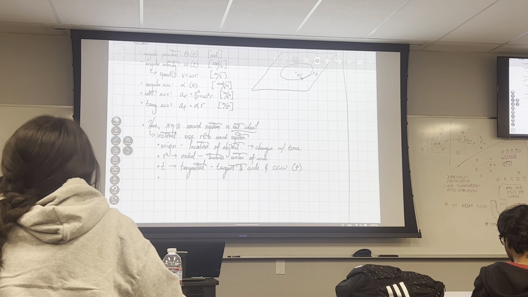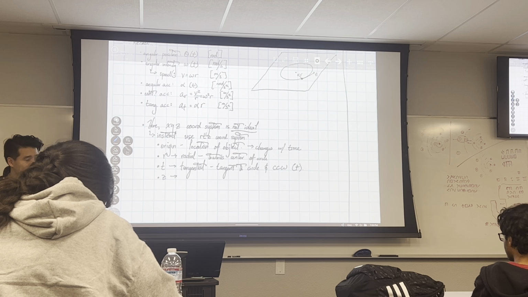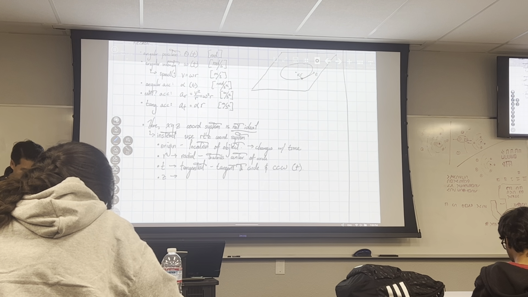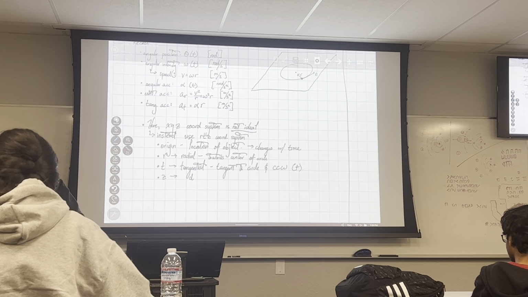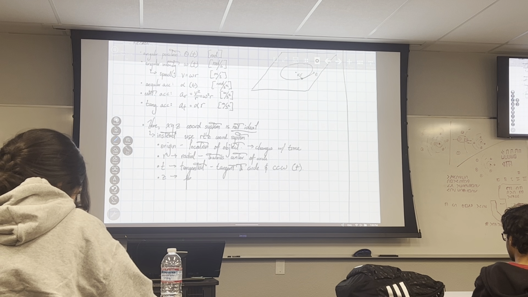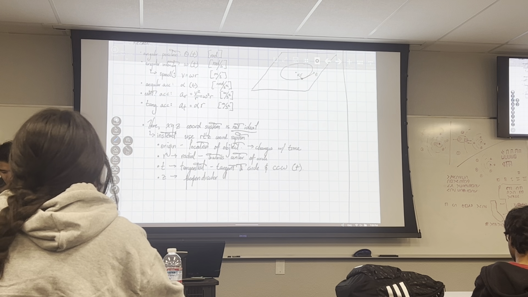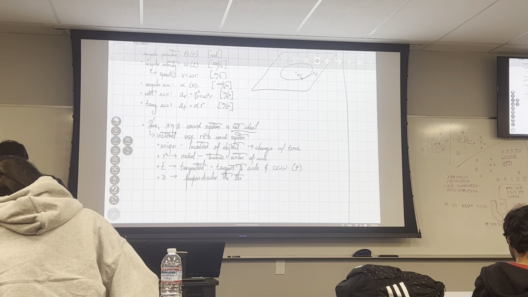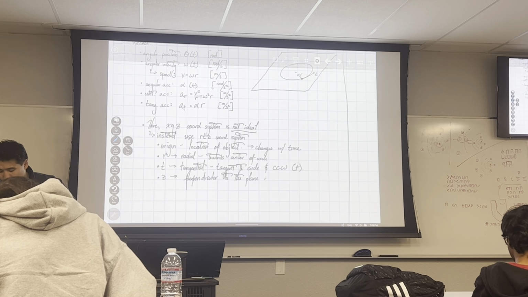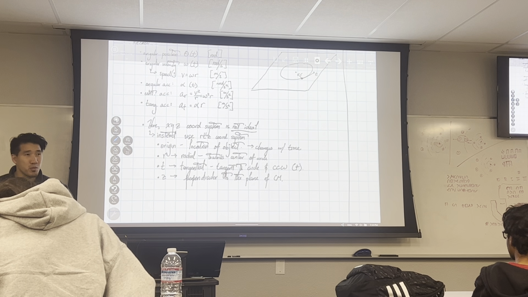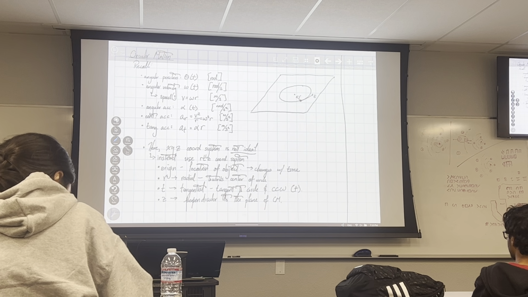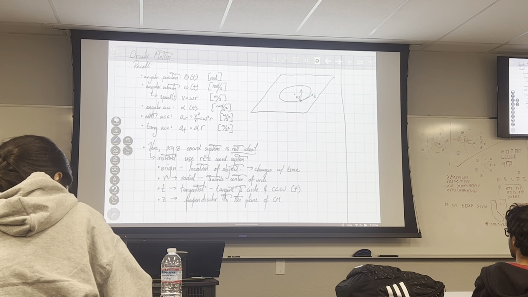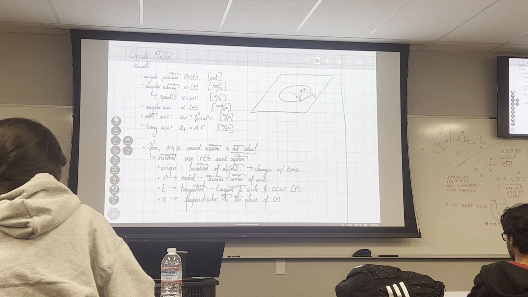Then we have the Z direction. Essentially, we ignore this, but this is perpendicular to the plane. It's perpendicular to the plane of circular motion. Meaning, here, that is going to be Z. So we have that.